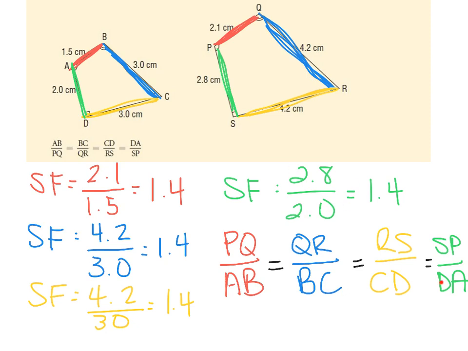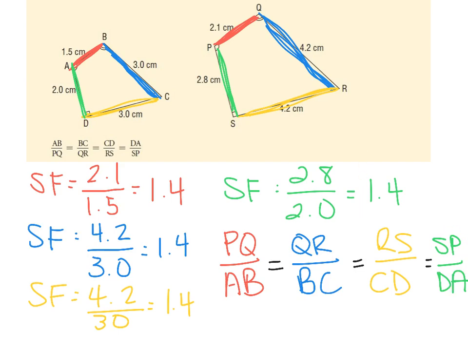And our green fraction. So all of these fractions are all equal to each other because they all equaled 1.4. And when we set this up, this is called setting up a proportion or a ratio. So this set of sides was equal to this set of sides, was equal to this set of sides, which was equal to this set of sides.